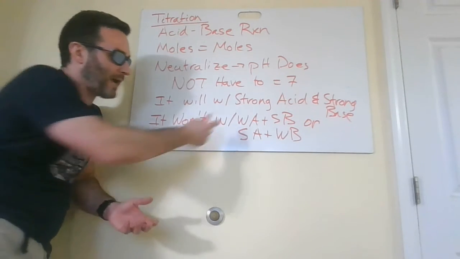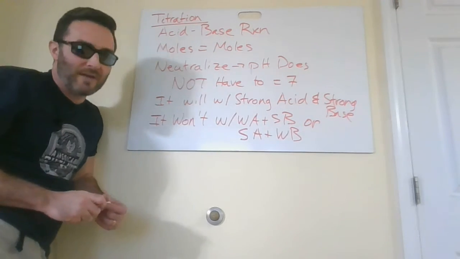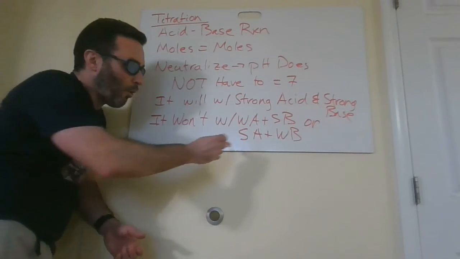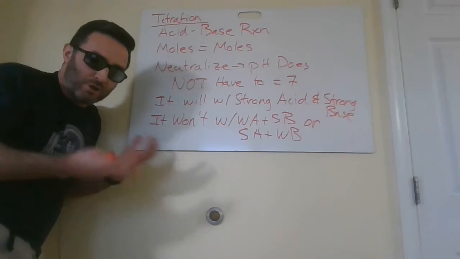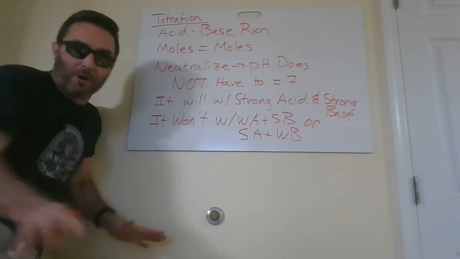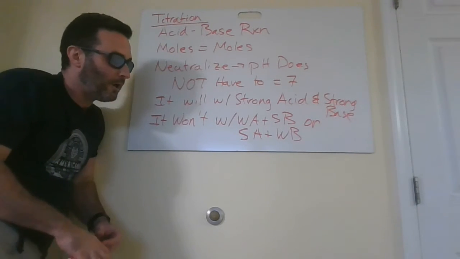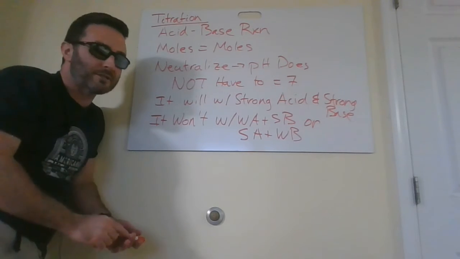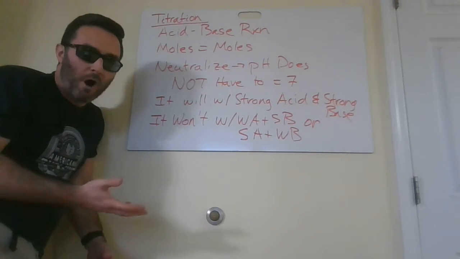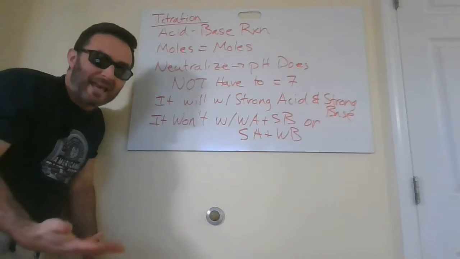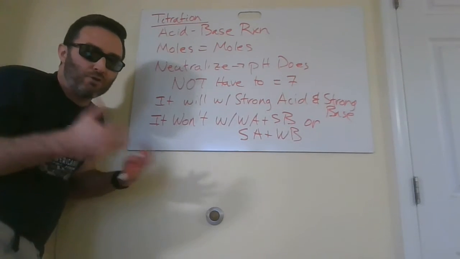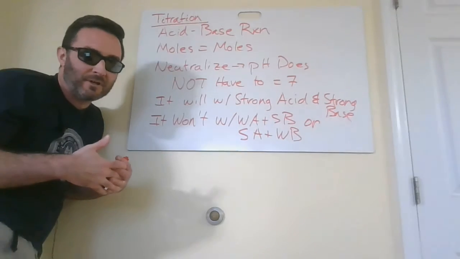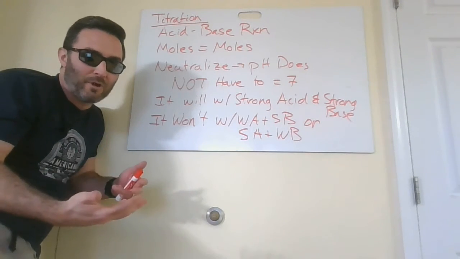So when you neutralize this combination, you're going to have a pH above 7. Or if you mix a strong acid with a weak base, even when you mix it 1-to-1 and you perfectly knock everything out, you're going to make water and a weak acid, so your pH when you neutralize isn't 7, it's actually a little bit below 7.